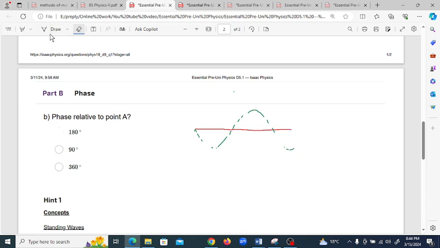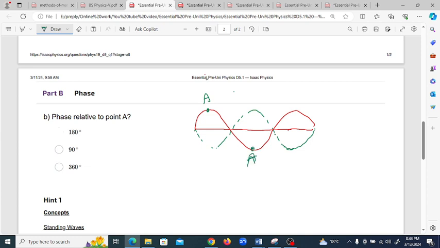Sorry, I have to make the diagram again, one minute. Here we have a complete stationary wave, and we have to find the phase relationship between A and A dash.